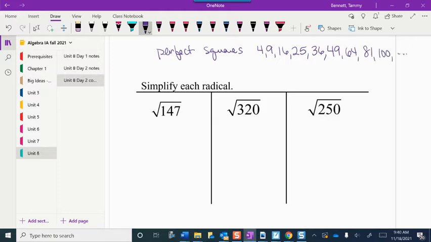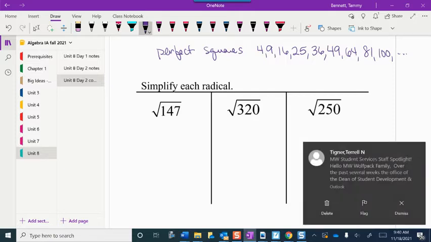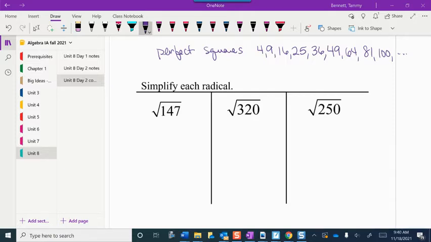So in 147, what does that divide by of that list of numbers? So 147 divided by 4? Nope. 147 divided by 9? Nope. 147 divided by 16? Not that either. 147 divided by 25, definitely no. 147 divided by 36, no. 147 divided by 49, yes.